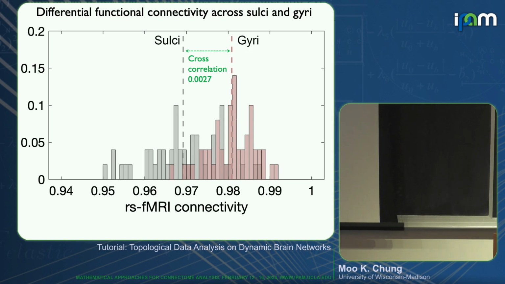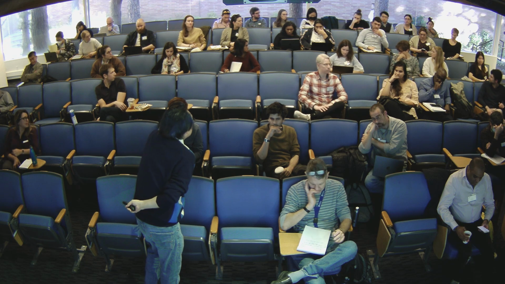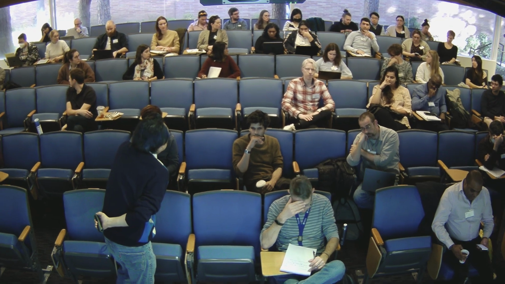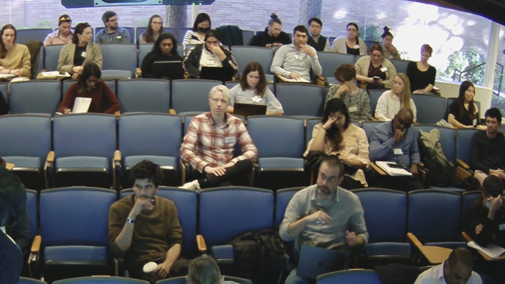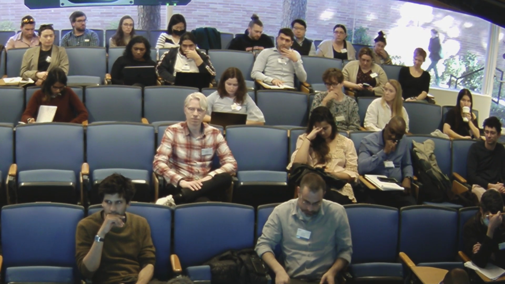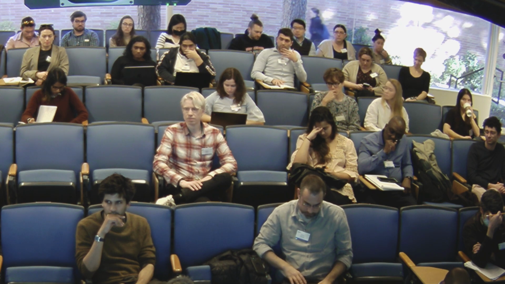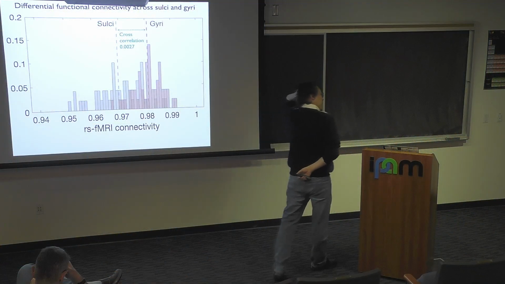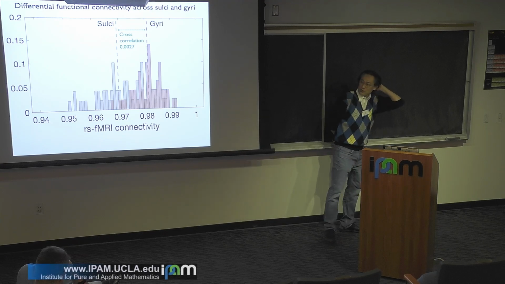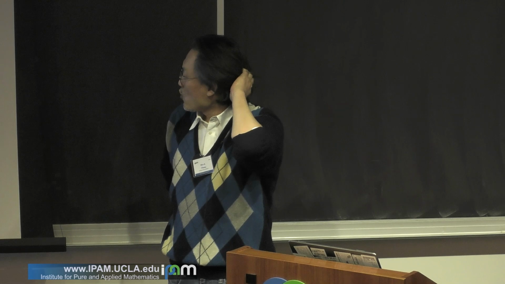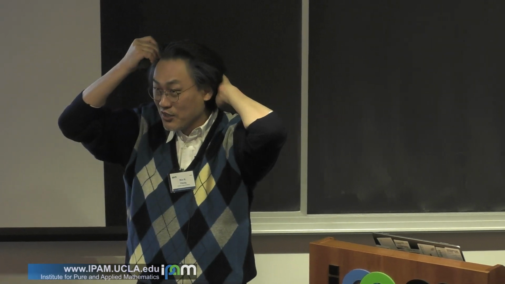Would the result, or the number of states, be different if you were using electrophysiology instead of fMRI? You mean EEG? Yeah, let's say EEG. You can do it, but the problem is how you are going to put a node along the circle region.